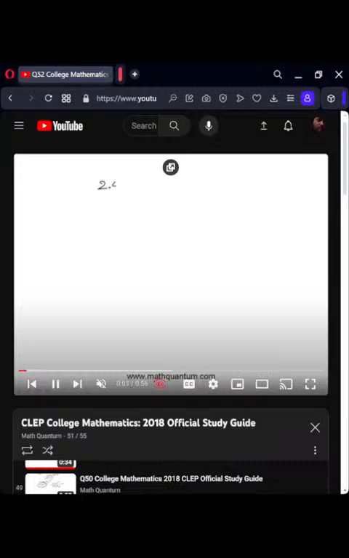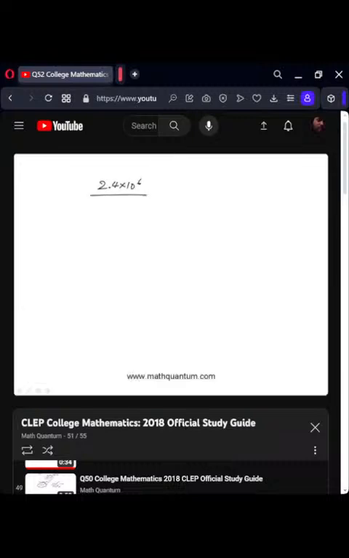Here we're given that 2.4 times 10 to the 6 over 3 times 10 to the minus 4 is 8 times 10 to the n. The question is, what is n equal to?